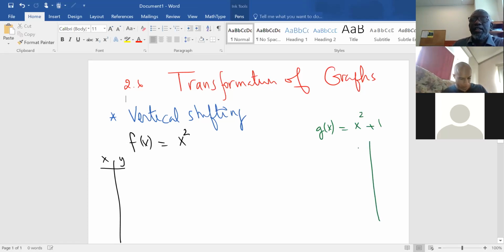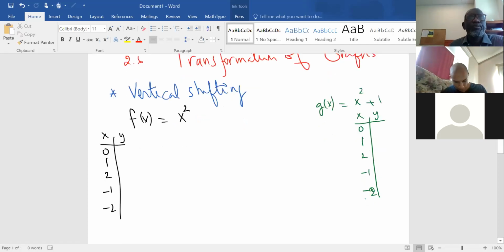Let me graph these two functions with x and y, values 0, 1, 2, -1, -2, and see what happens. Go ahead and fill up the last two columns right here.